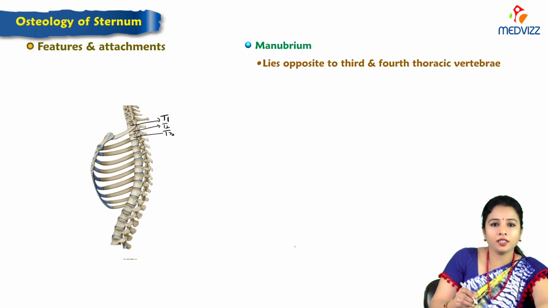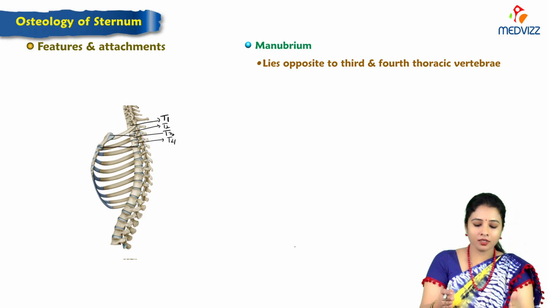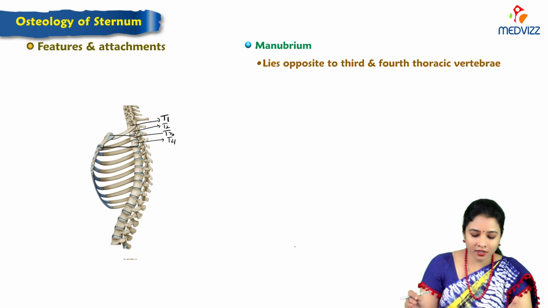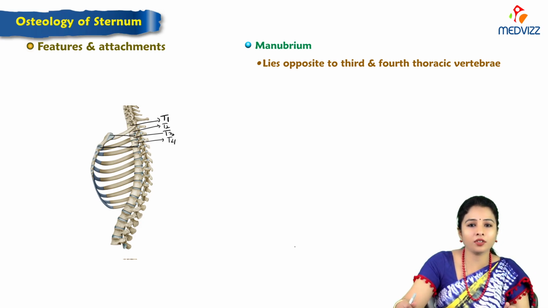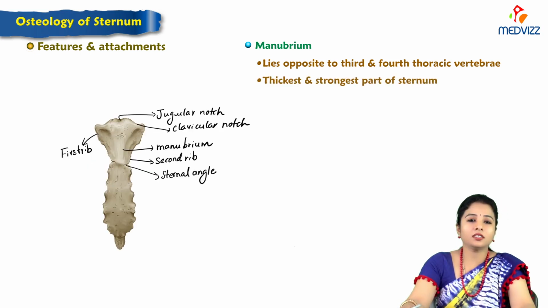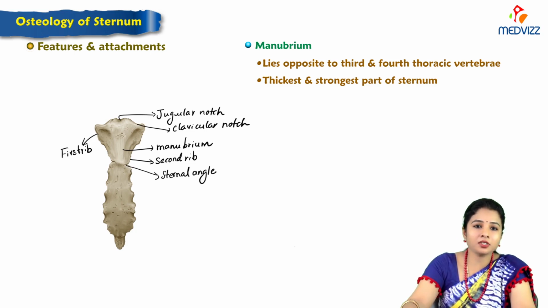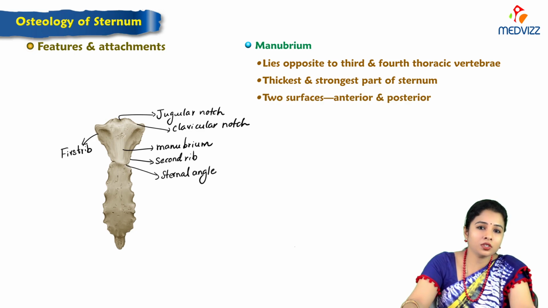You can see the upper margin of it is at this level, T3, T4. So the manubrium lies anterior to T3, T4, and it is the thickest and strongest part of the sternum.